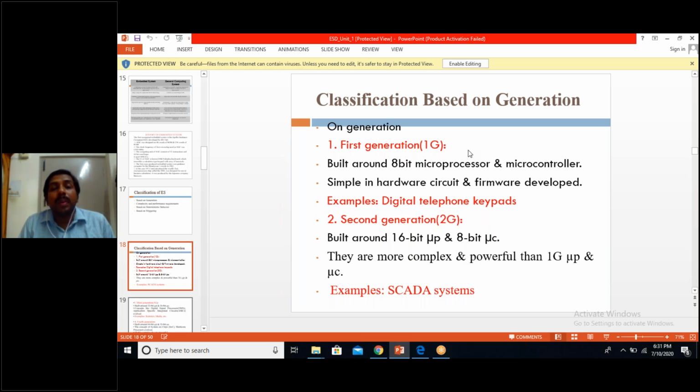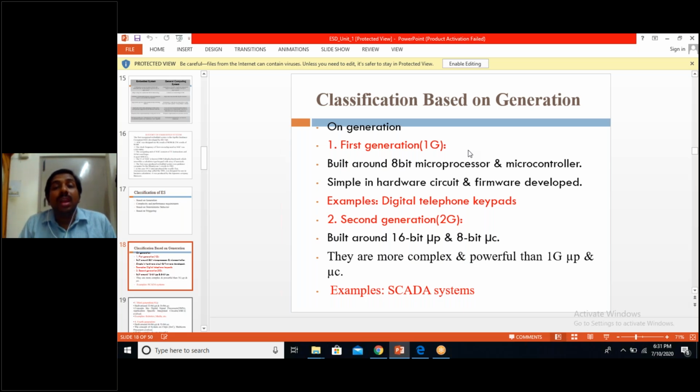An electronic toy's purpose is only to play the program, play the music. But in an aircraft or missile system, we have to hit the target, so it is more time critical. The toy is not time critical. Based on that, they have classified based on generation.